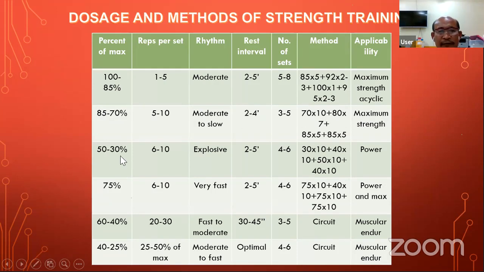Here, 30 to 50%, and you do explosive movement, very high speed lifting, then you gain power. If you do 75% very fast, you gain maximum power.